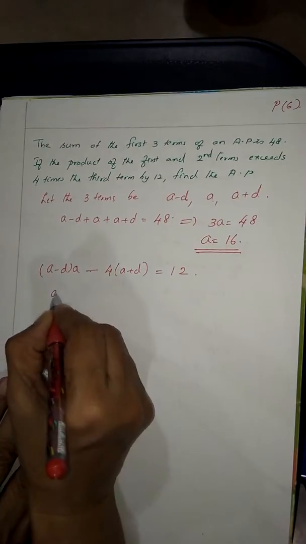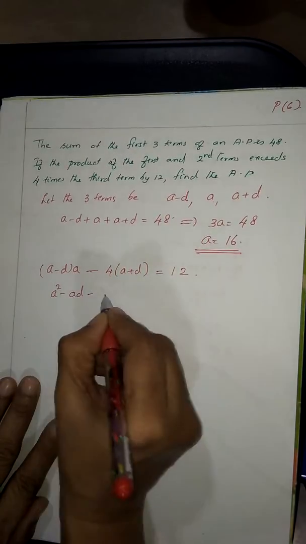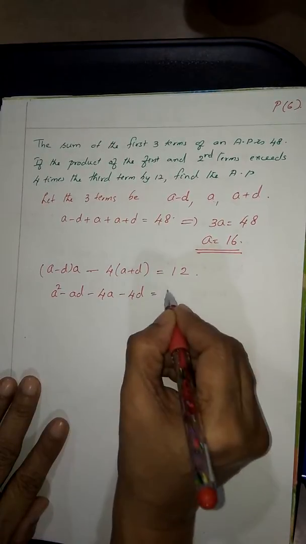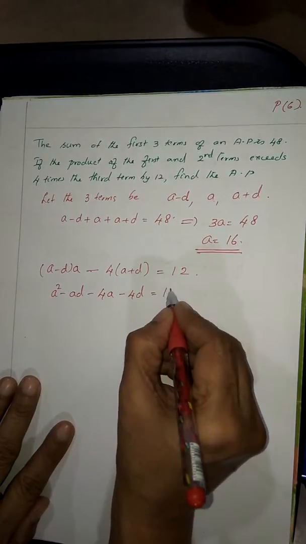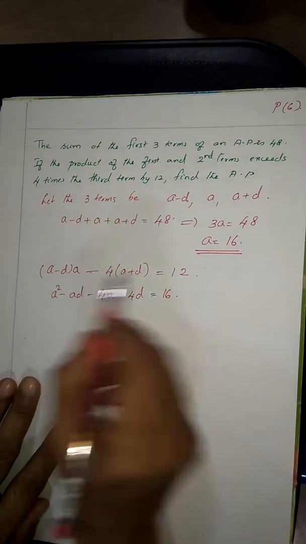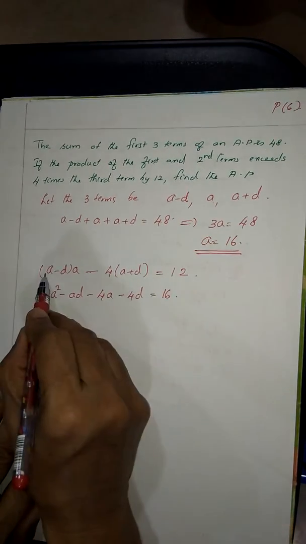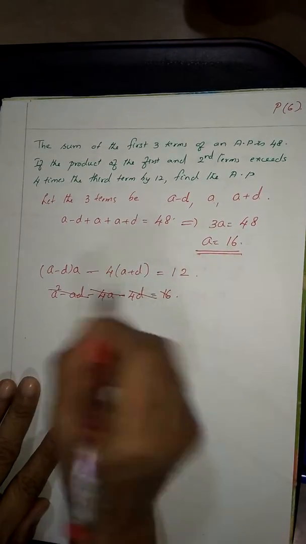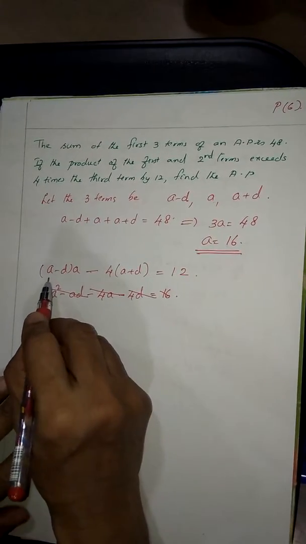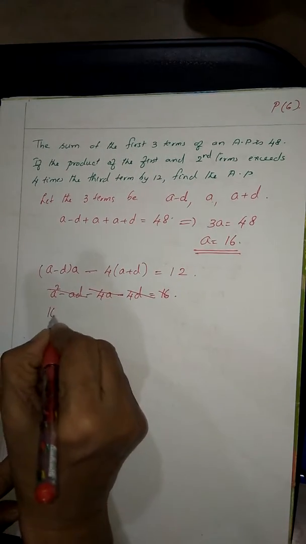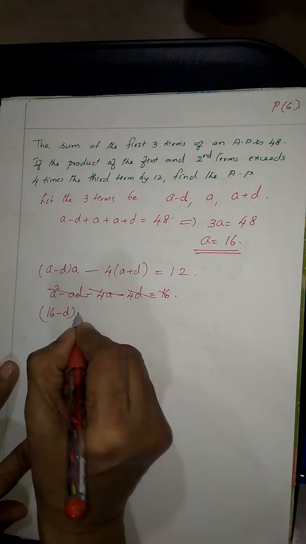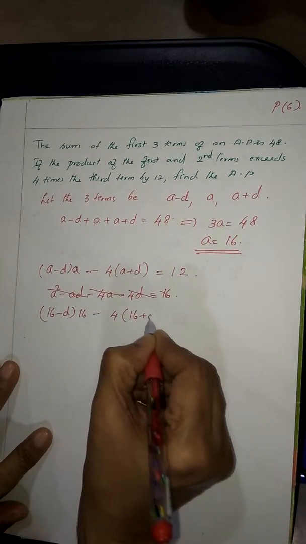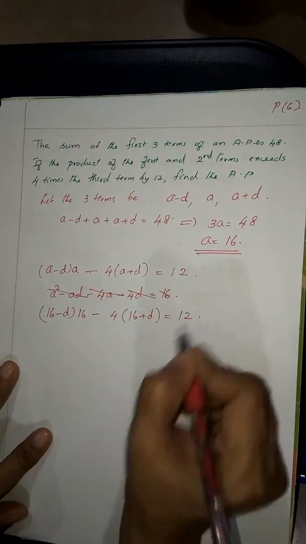So this is A squared minus AD minus 4A minus 4D is equal to 12. We can substitute A is equal to 16 here, and that will be much easier. So (16 minus D) into 16 minus 4 into (16 plus D) is equal to 12.